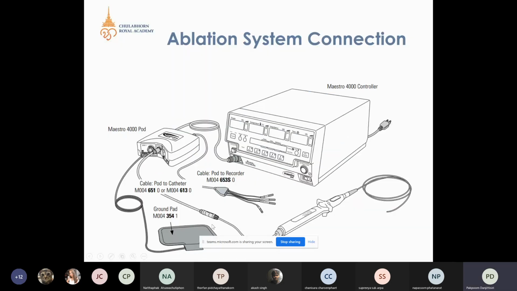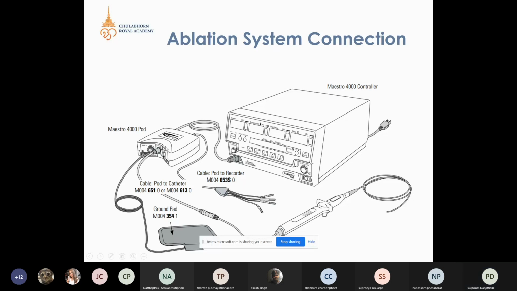That cable is here. One of the cables will connect to the ablation catheter, and the other one will be connected to the ablation system here.